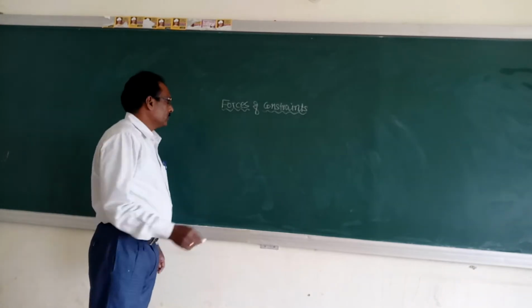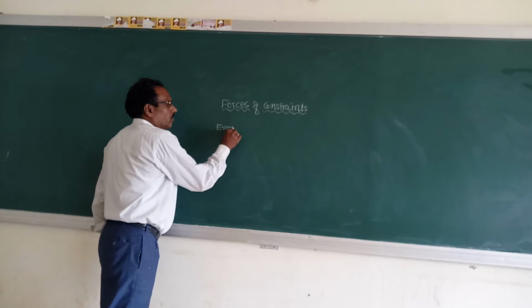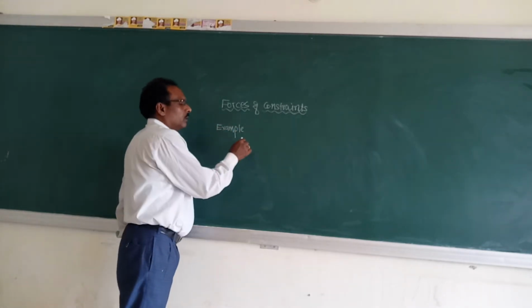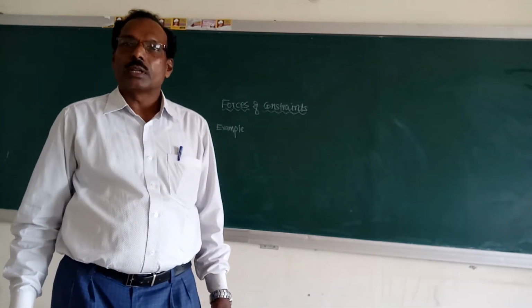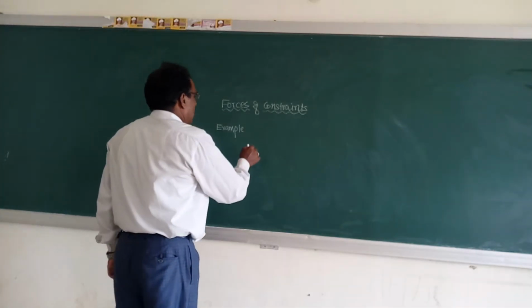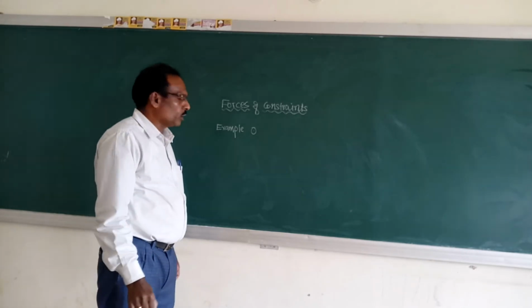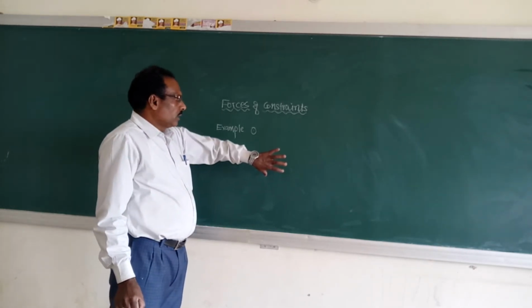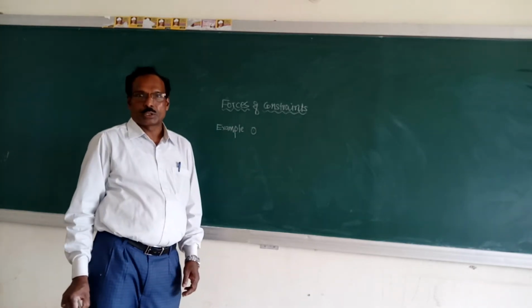For example, say a body or a particle moving on the circumference of a circle. The particle is in contact with the surface.